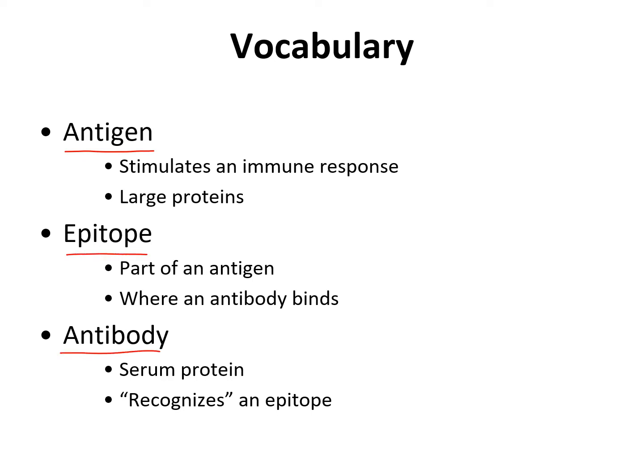And you need to know how they relate to each other. So an antigen stimulates an immune response, and it's some sort of protein. Every antigen has several epitopes. So the epitope is just a small part of the antigen. And the antibody is a serum protein that binds to the epitope of an antigen.